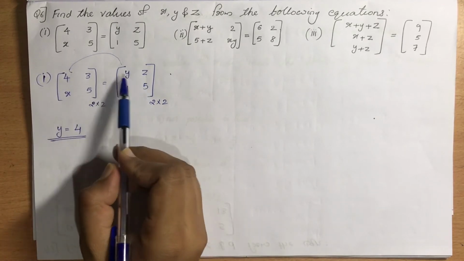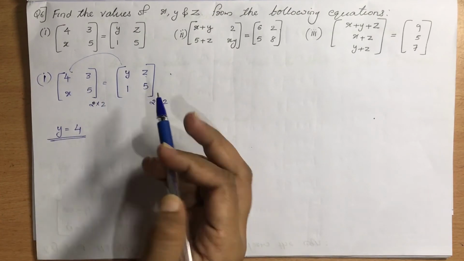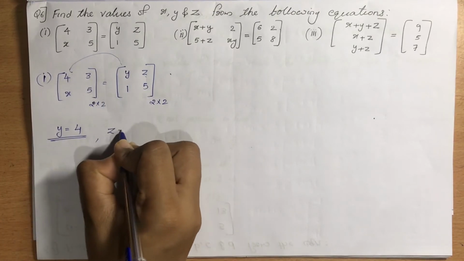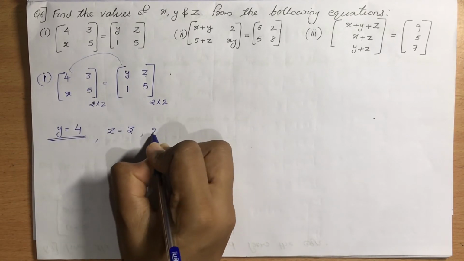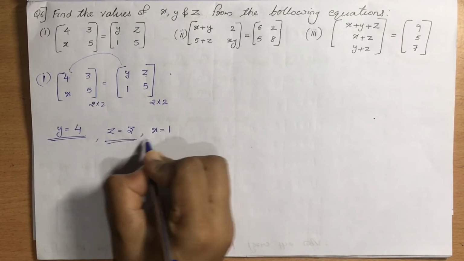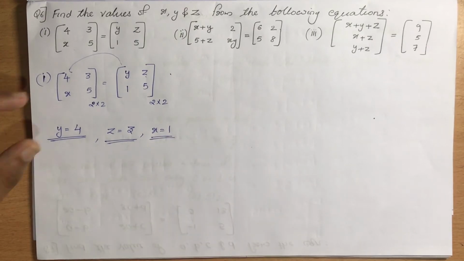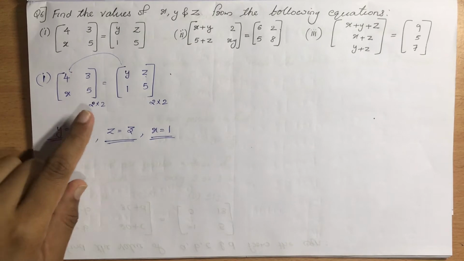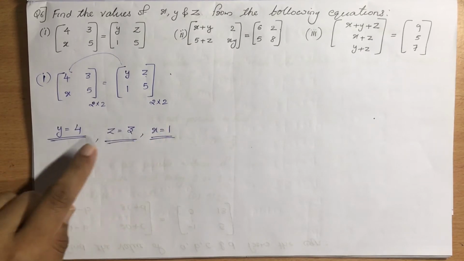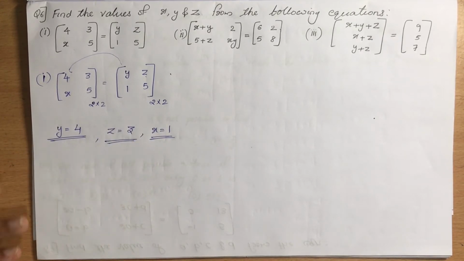What is the value of z? z is 3, and the value of x equals 1. If two matrices have the same order, the corresponding elements are equal.